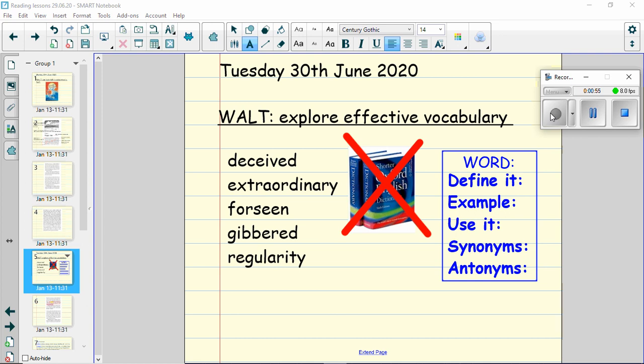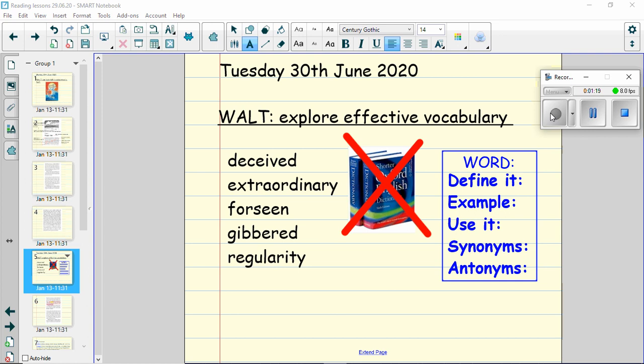Now, we don't want you to use a dictionary because lots of words have got many different meanings, so it's not always what it says in the dictionary, or if there's 3 options in the dictionary, you might write down the wrong one. So what we want you to do is use the text and use the words around you to figure out what it means. So when it says define it, write down what it means in your own words.